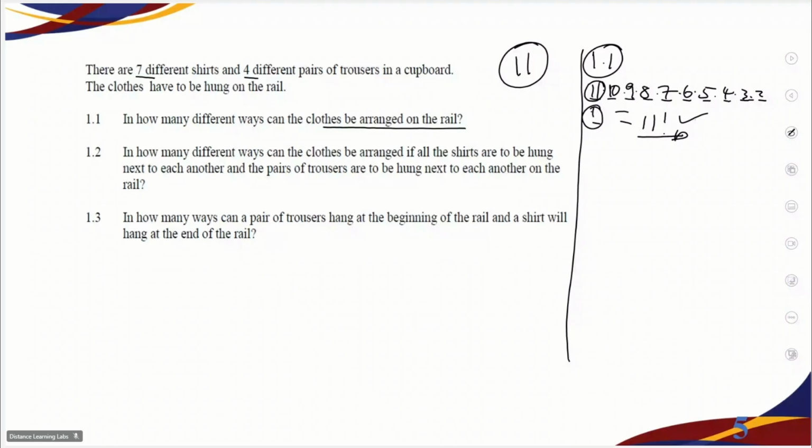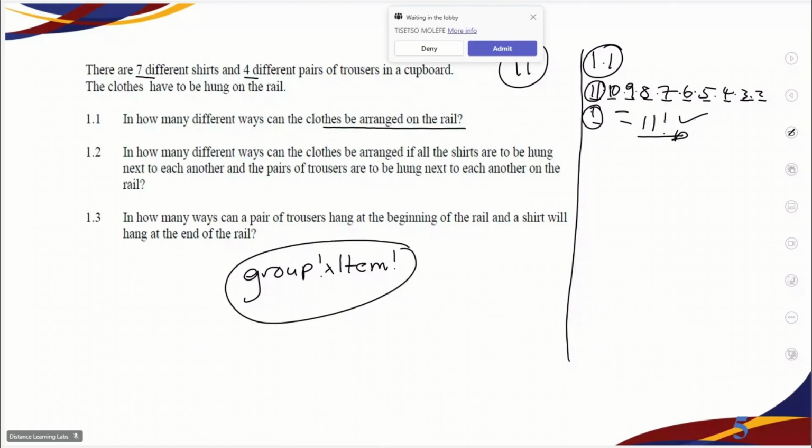Usually, whenever a grouping happens, we write it as group factorial, then we multiply this by the items that are left: group factorial multiplied by item factorial.